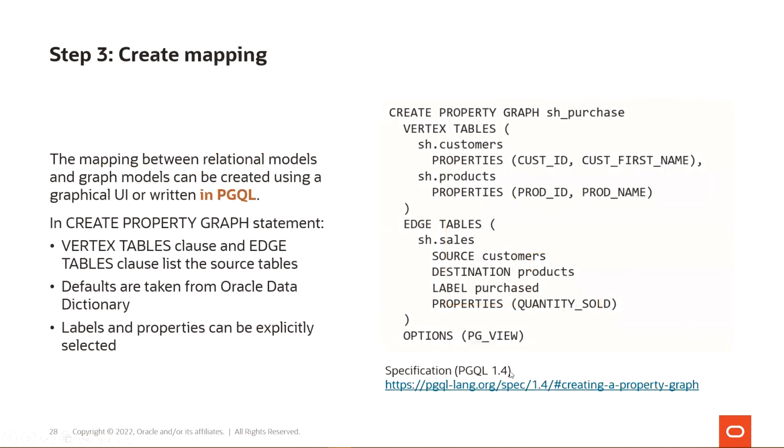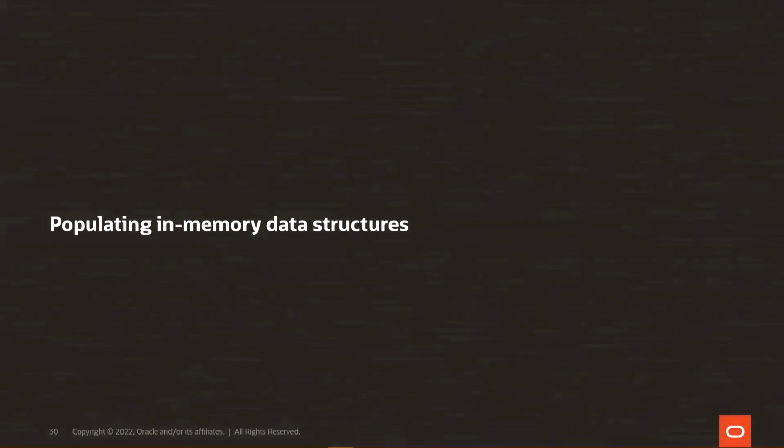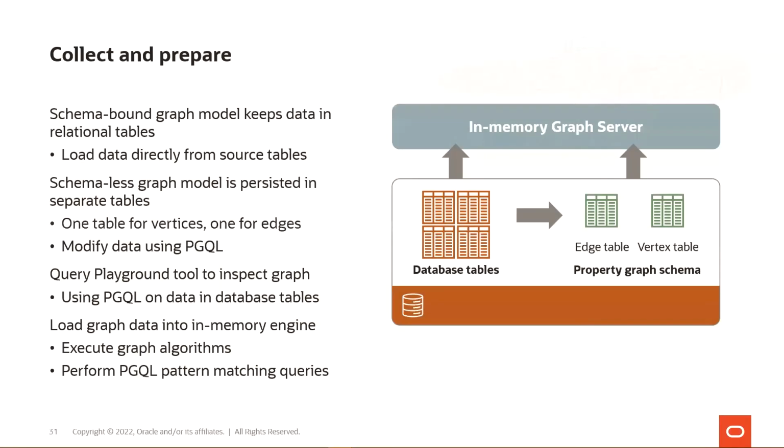Then we create the graph model, and this is the data definition language as part of the property graph language, where we can define the graph, and then we do the analysis based on the property graph query language and the algorithms. So maybe I'm going to skip here, but just let me go briefly over that one.